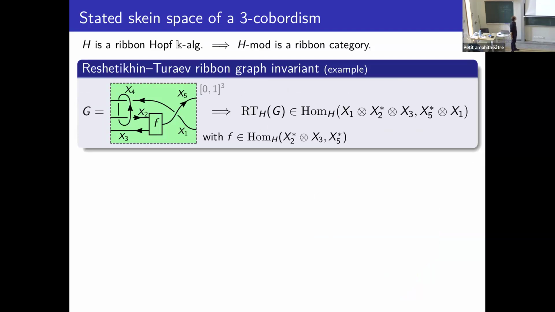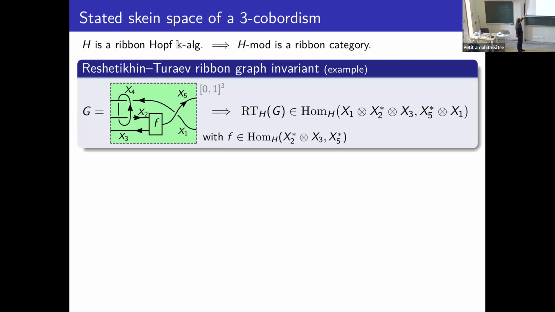So recall that H is a ribbon algebra, which means that H mod, the representation category, is a ribbon category. And then for such categories, you have a Reshetikhin-Turaev functor, which takes a ribbon graph and gives a linear map, actually an H linear map, between certain vector spaces. So here, if you consider this example, again, the resulting map will depend on what happens on the left side and right side, depending on the orientation of the strands, okay?